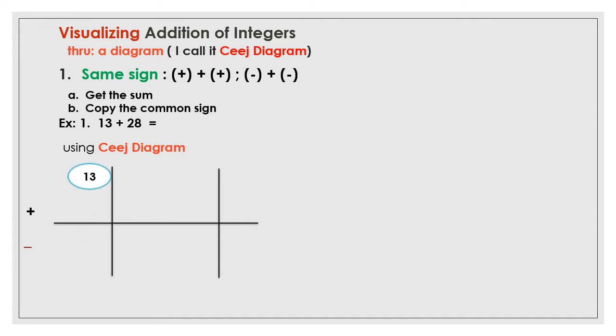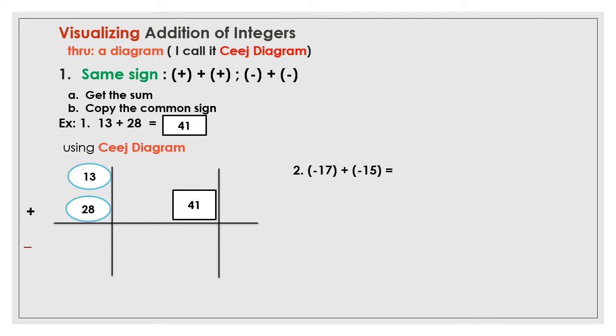Then 28 is also at the upper portion because they have the same signs. So we get the sum, 13 plus 28 equals 41. And we write also the sum at the upper portion. That's why we have two vertical lines. So 13 plus 28 equals 41.